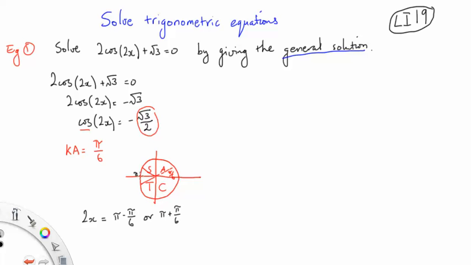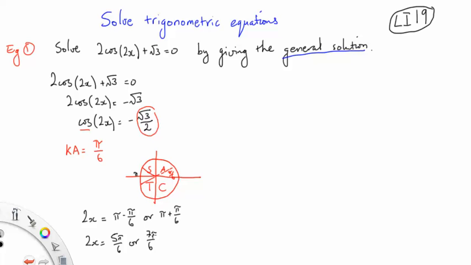See that? So that's pi on the unit circle. So it's either pi minus pi on 6 or pi plus pi on 6. Now, because we all are very good at fractions, pi minus pi on 6 we know is 5 pi on 6. Pi plus pi on 6 is 7 pi on 6.